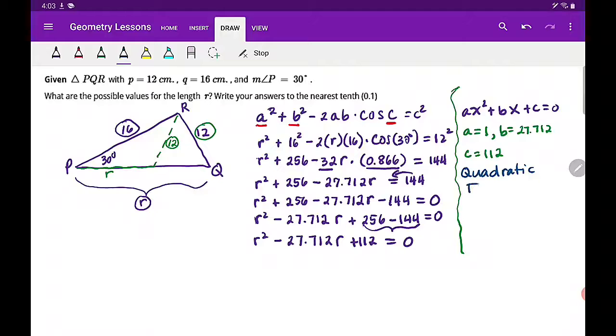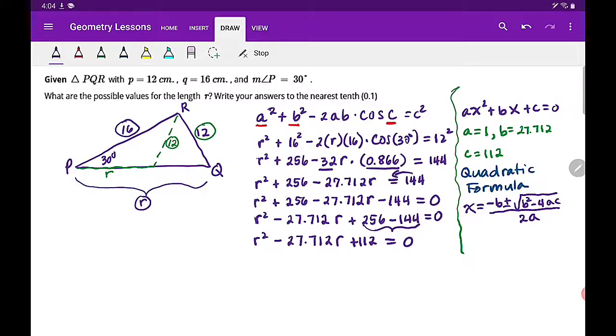The quadratic formula says that if you have a quadratic equation, ax squared plus bx plus c, x is equal to negative b plus or minus square root of b squared minus 4 times a times c, all over 2 times a.